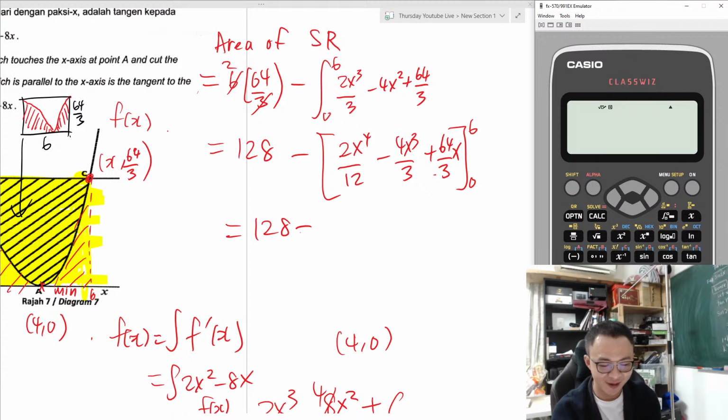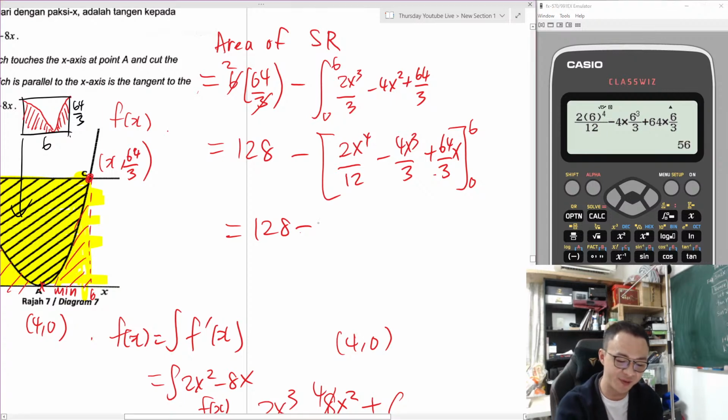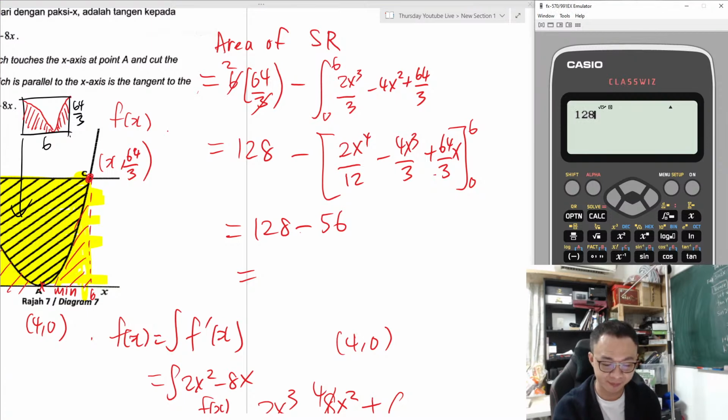I'm a bit lazy, but let's do it. 2 times 6 power 4 over 12 minus 4 times 6 power of 3 over 3, plus 64 times 6 over 3. Okay, it's 56. So therefore, 128 minus 56, 72.